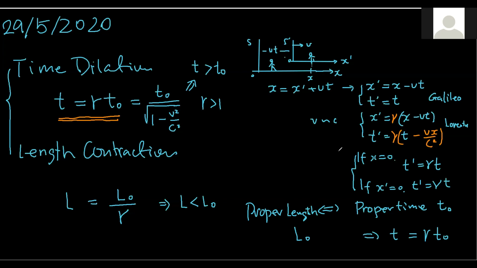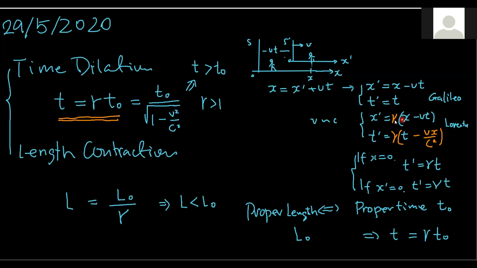Because if you use the Lorentz transformation, we can just use one of them, see? If you let t equal to 0, meaning his clock equals 0 at that particular point, you can claim that x prime is longer than x.